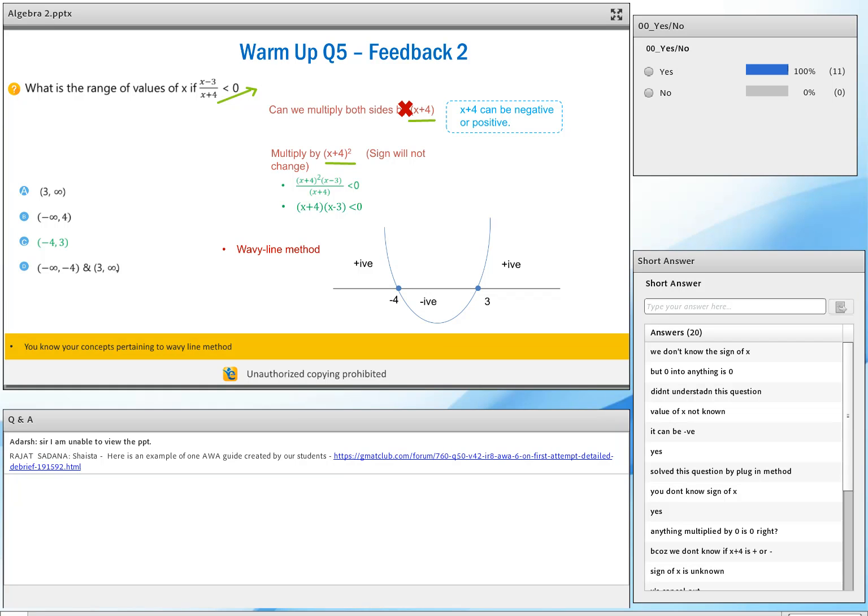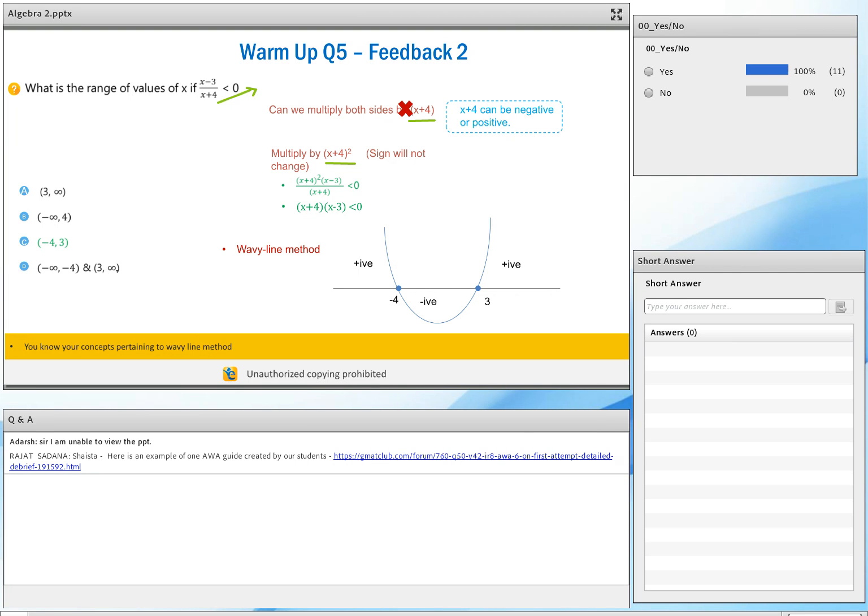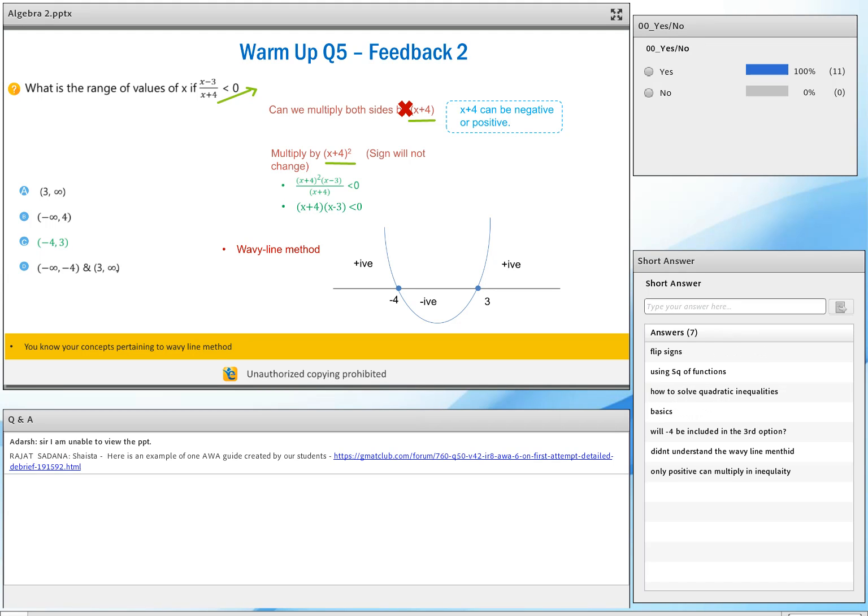So what was the learning from this question? Question number 5, what did you learn from this question? Guys, what did you learn from using square of functions? Basically, in this question we are applying the fundamental principle behind inequalities, with regard to flipping the sign when you multiply both sides by a negative number.